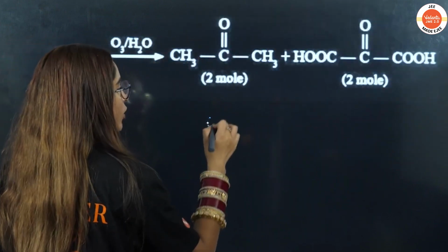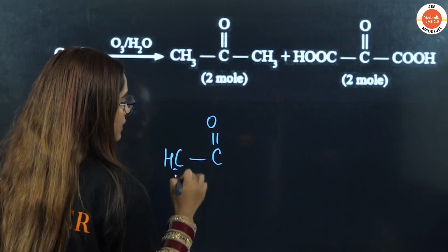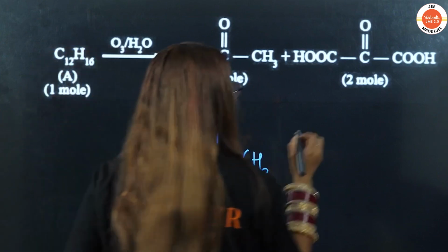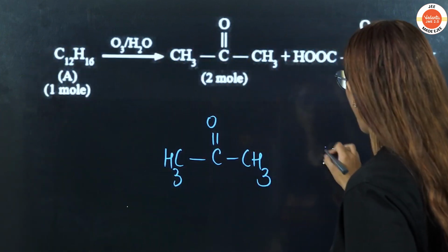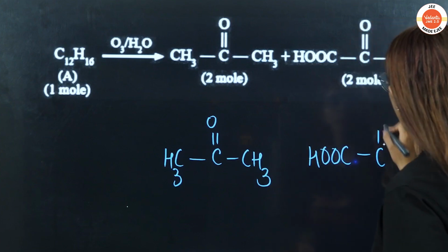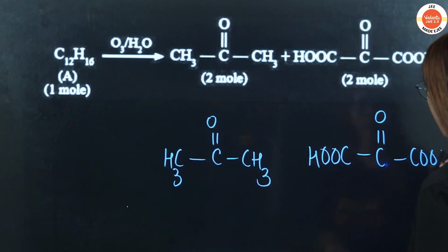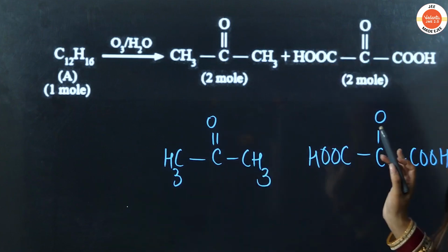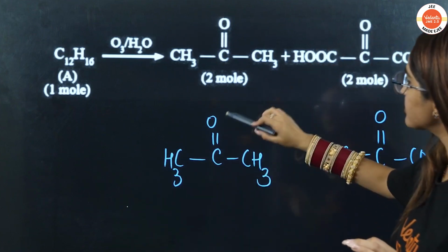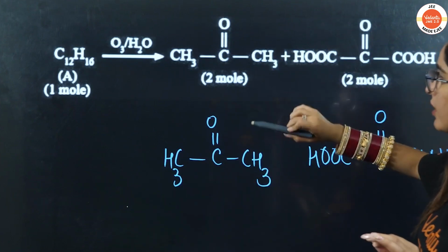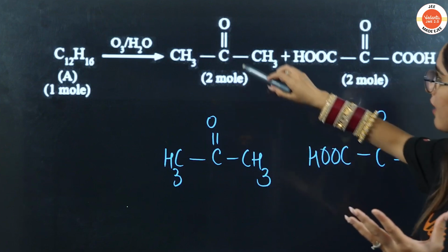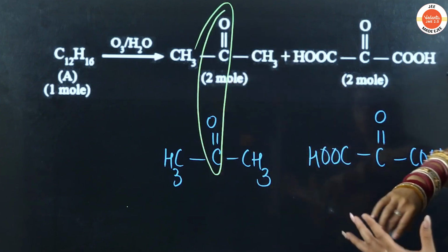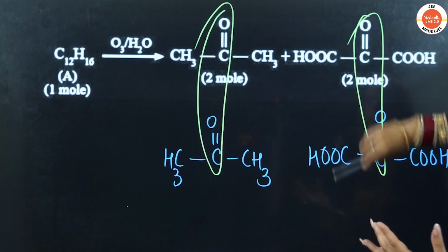This is C double bond O. This is CH3. This is CH3. This is again COOH, C double bond O. This is COOH. So what you can see here, initially you have no oxygen here, right? That means you can have a double bond here, right?